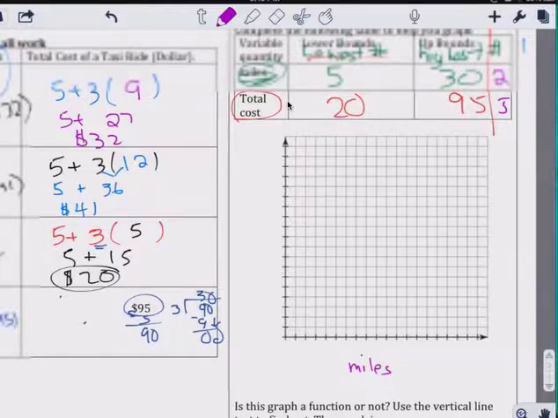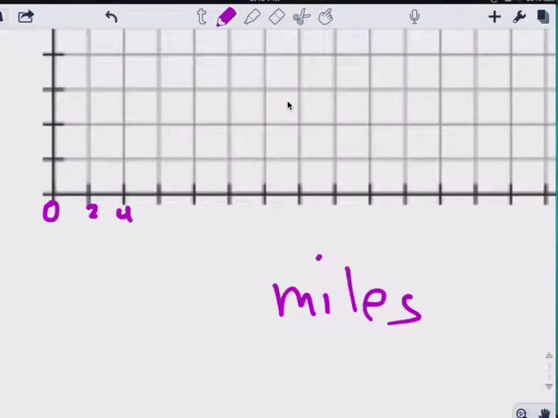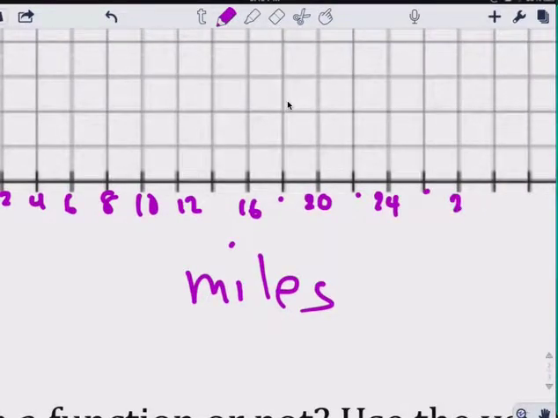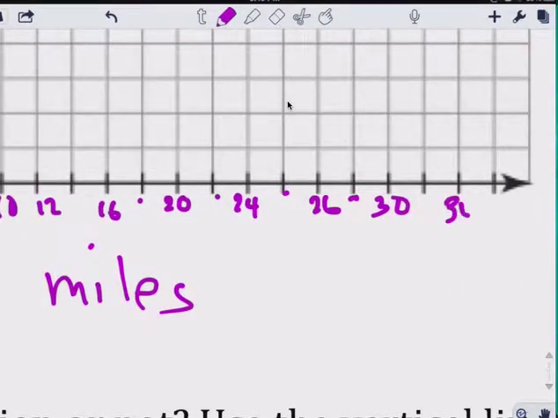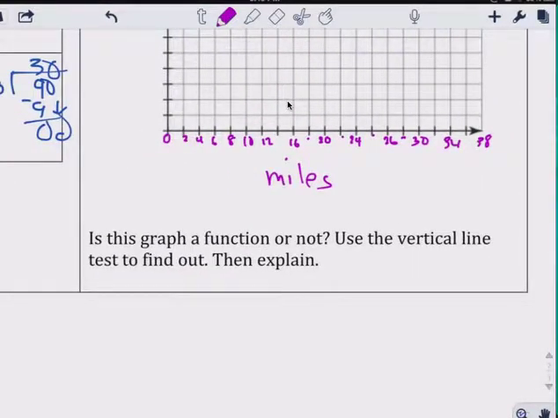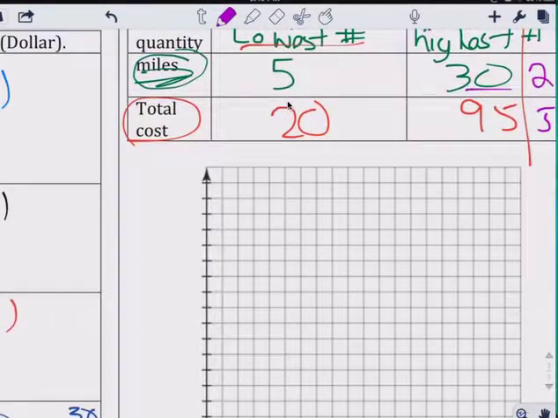So here's 0, 2, 4, 6, 8, 10, 12, 14, 16, 18, 20, 22, 24, 26, 28, 30, 32, 34, 36, 38. Okay, it fits all the numbers to 30 because we want to fit 30.